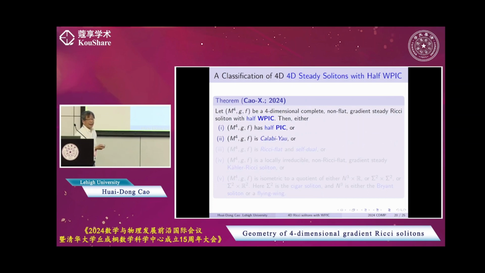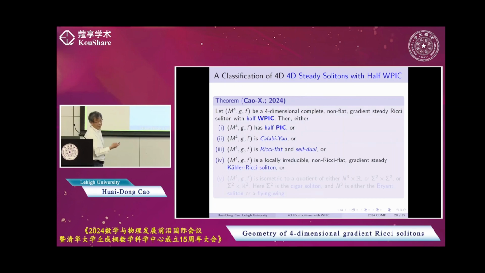I remember Hamilton actually warned me about this interesting case, which could potentially be trouble. They're Ricci flat, but they're self-dual. If it's anti-self-dual, then that's Calabi-Yau. But you also have this self-dual Ricci flat case that enters into the picture. Another case, you have the Taylor case. And for the Taylor case, presumably those are collapsed, so if you use the non-collapsing condition, they will be done. And then you have the product case.